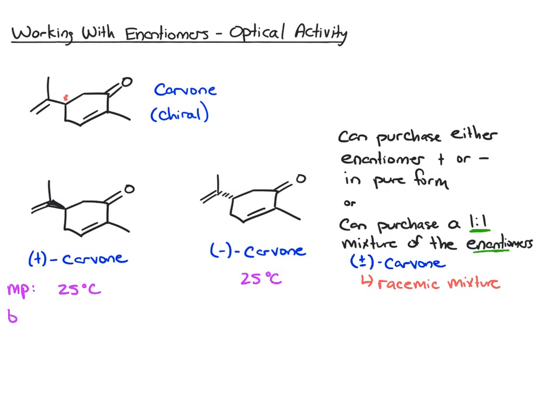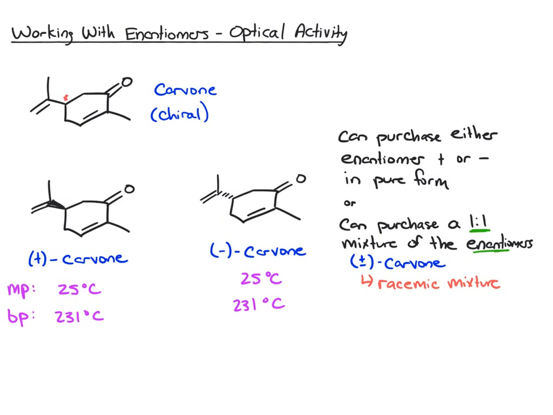You can get the boiling point, and they both boil at 231 degrees Celsius. So the properties of the two enantiomers are nearly identical, or they are identical so far.